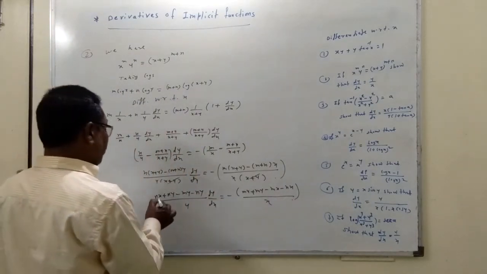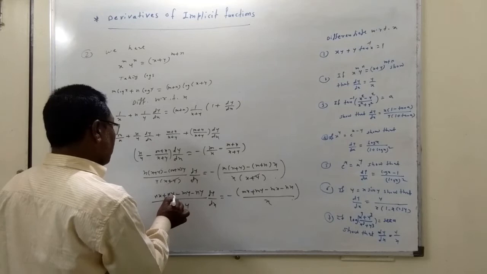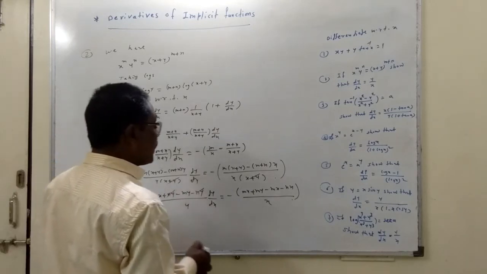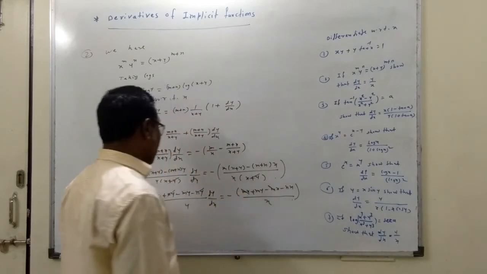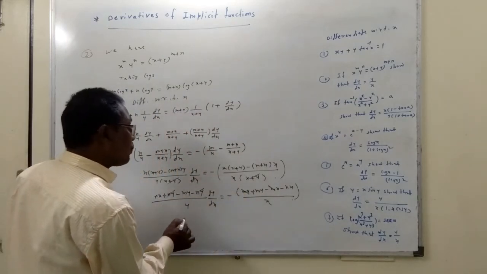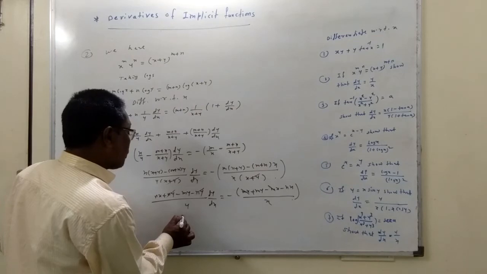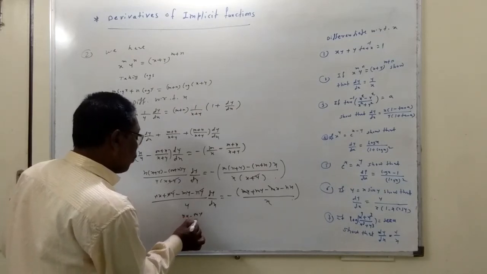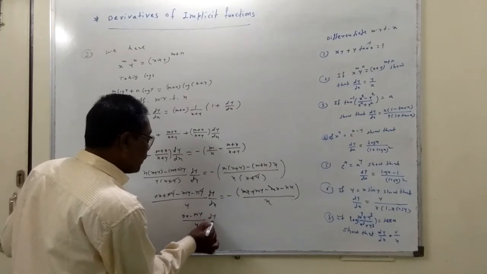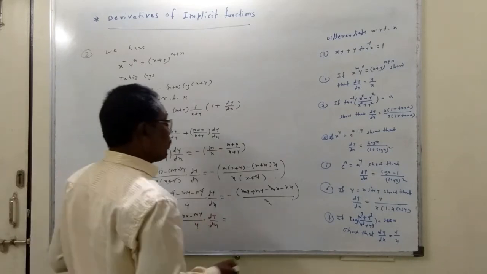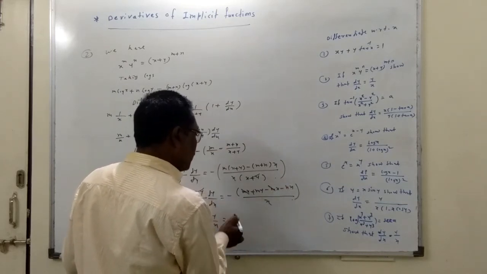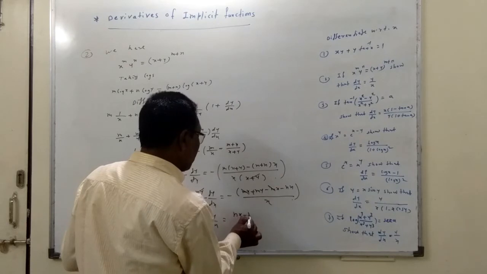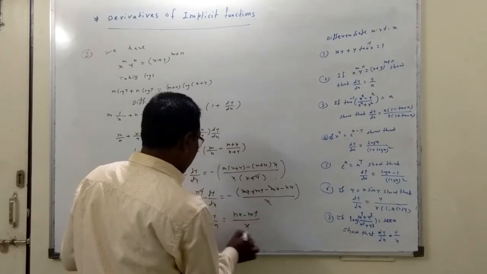Now here plus ny and minus ny get cancelled, plus mx minus mx get cancelled, so remaining is nx minus my. (nx minus my) divided by y dy by dx is equal to, now here we take the minus sign outside, minus minus becomes plus, (nx minus my) divided by x.